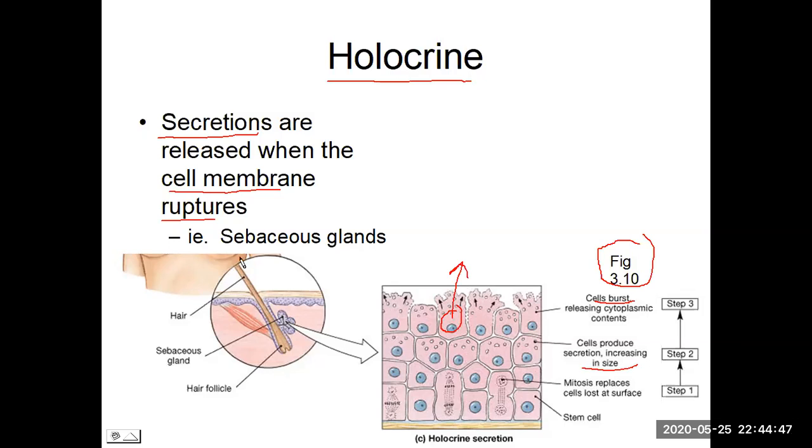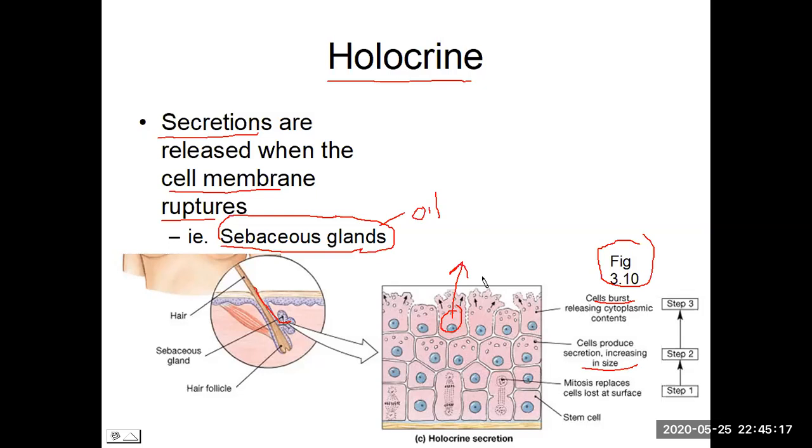And this is done in what's known as a sebaceous gland, which uses this rupturing holocrine mechanism. For now, we'll just mention the sebaceous gland. This is an oil-producing gland of our skin. The cells of that sebaceous gland are rupturing, releasing oil ultimately, as you see here, right into the hair follicle, and in turn, it leads right to the surface.